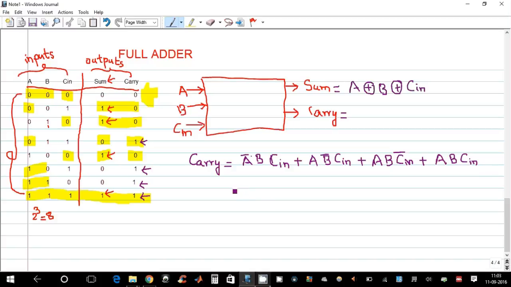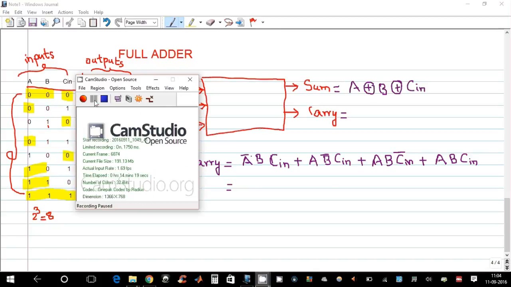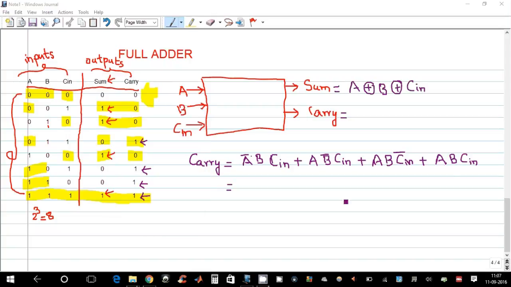Now similarly we can do the Boolean optimization here. So now we will be doing its optimization.